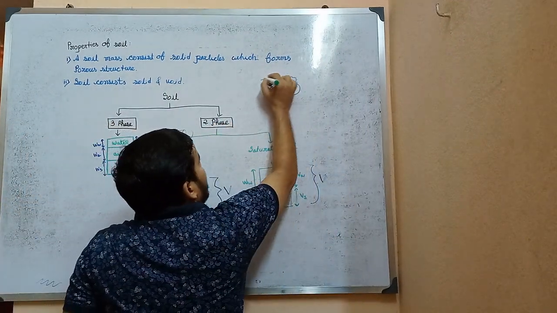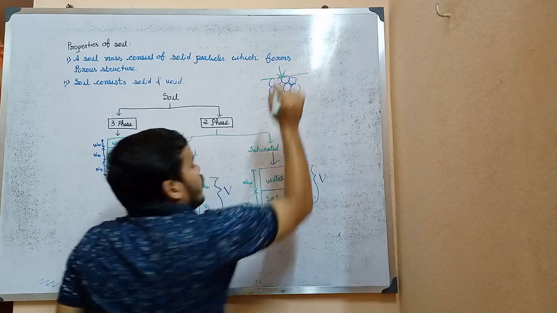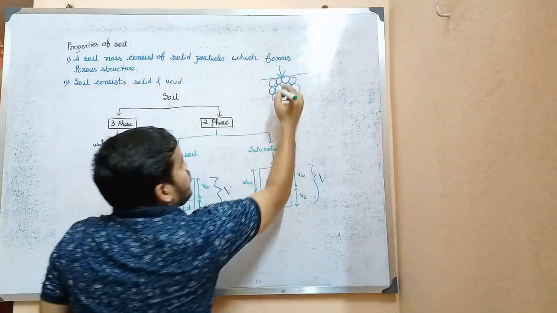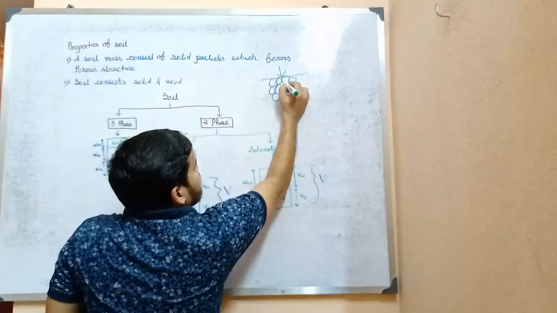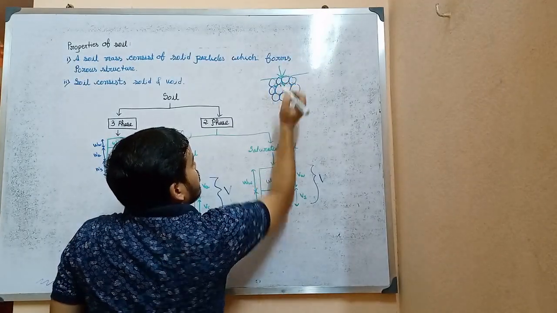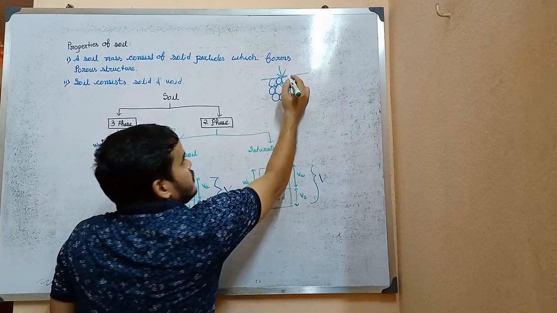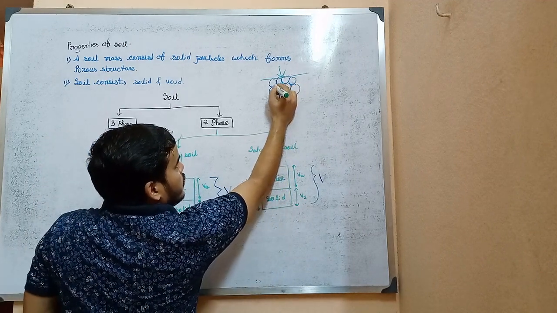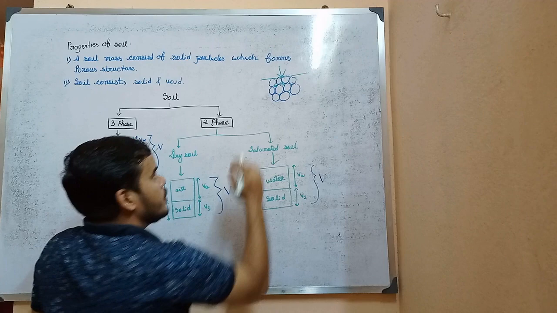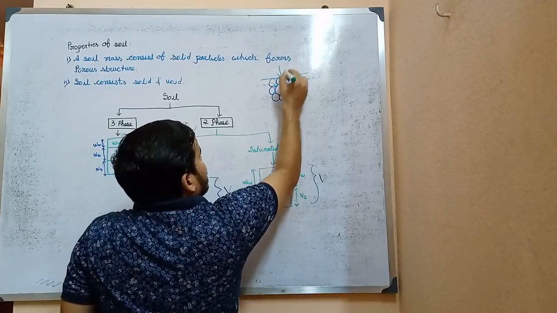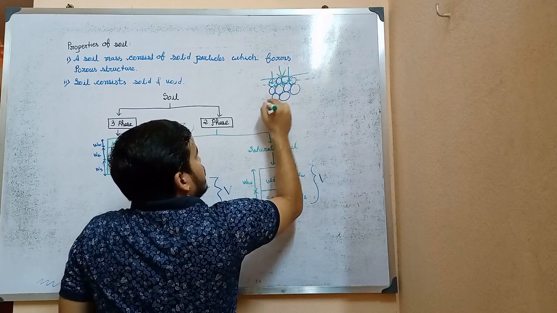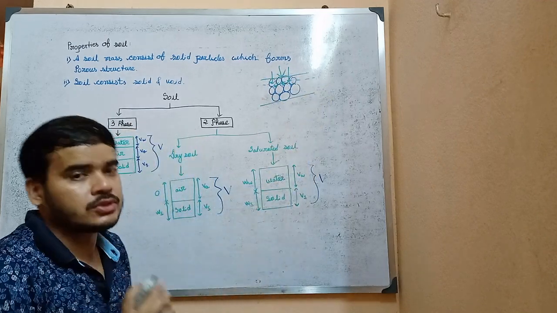Because when we apply some load on the soil, these voids are filled due to the side movement of the soil particles. The particles will move into the voids, and that will make the soil a compressed soil.